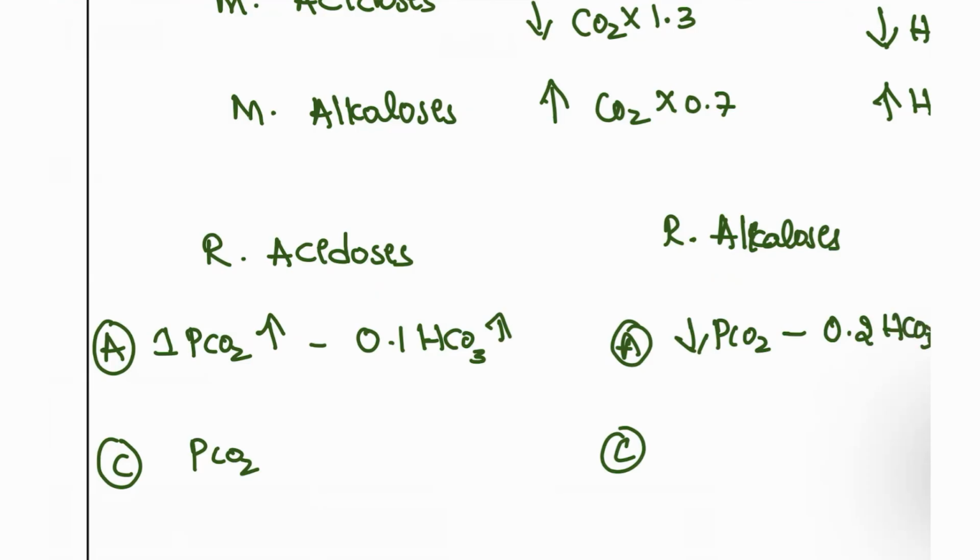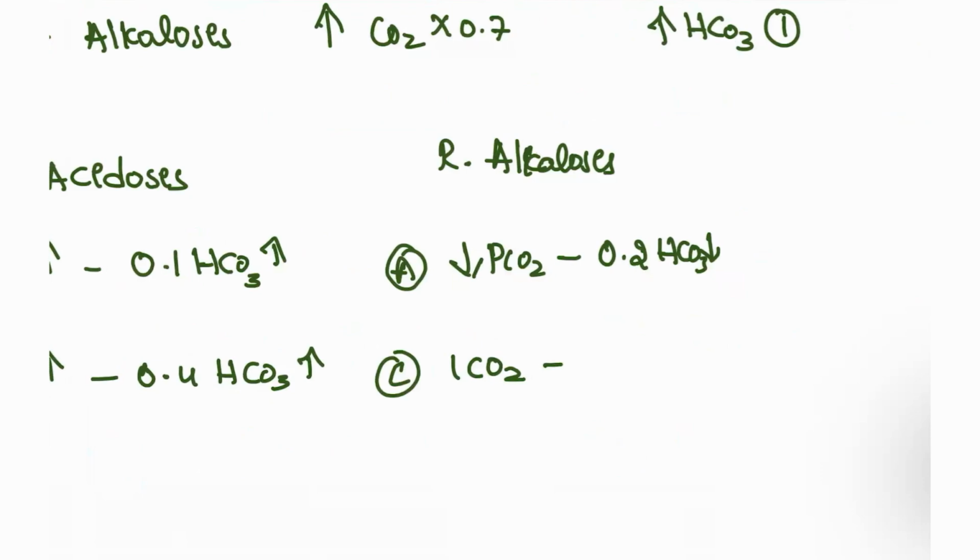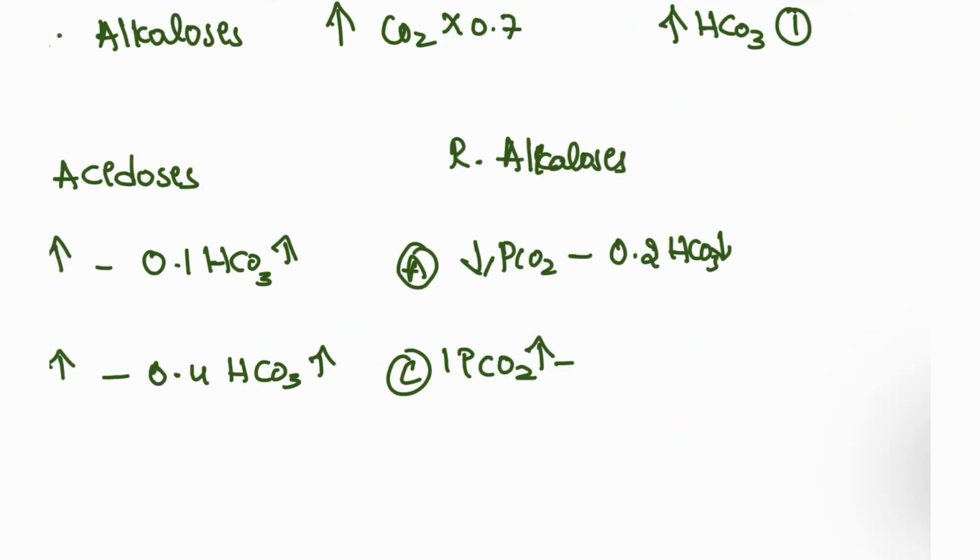And how about here? For 1 PCO2 increase, it is going to be 0.4 HCO3 in the chronic phase. Again here also, when 1 PCO2 decreases, there will be 0.4 times of the HCO3 decreased.